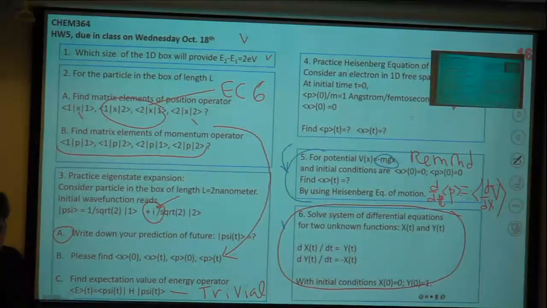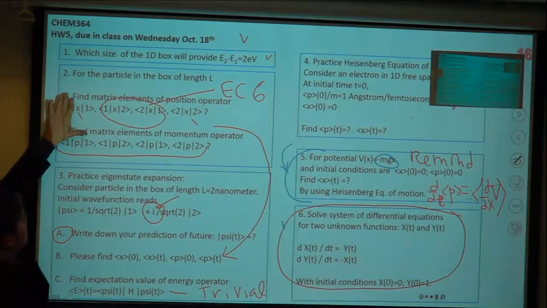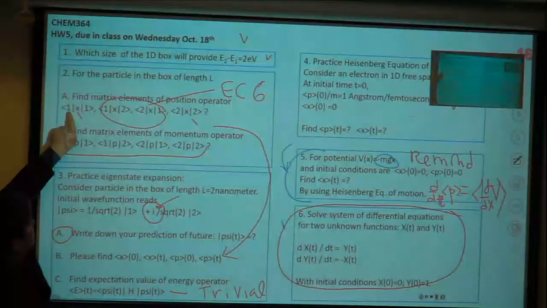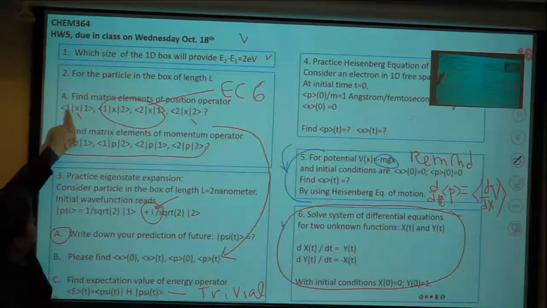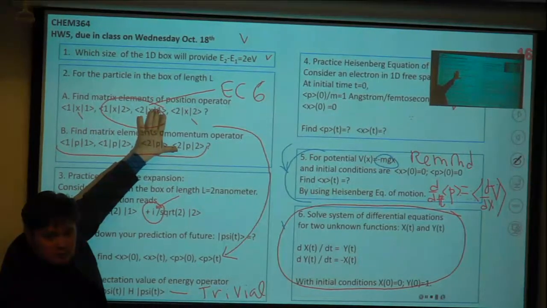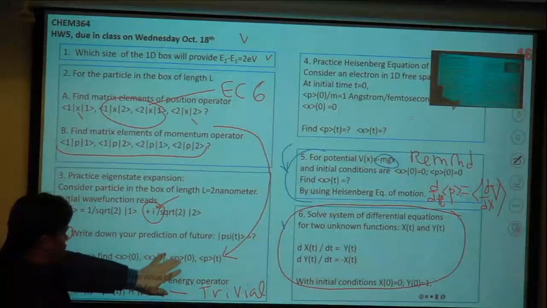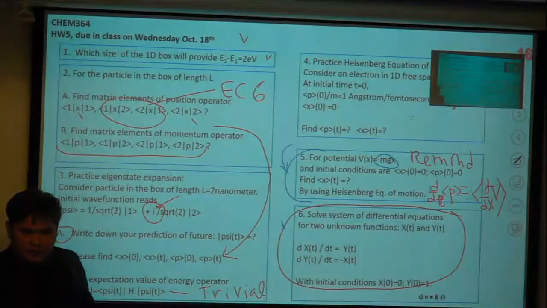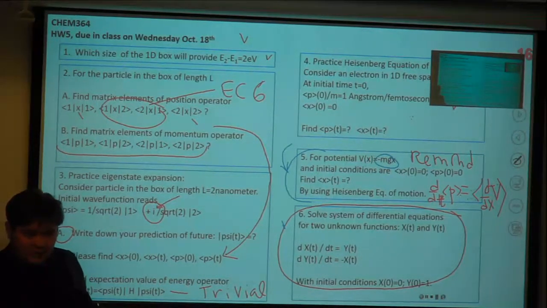But as a hint to avoid boring integration, there is a suggestion to do this one first and find these matrix elements, the convolution between the operator of interest and basis functions, ahead of time. Then you use them here when you practice your prediction of the future and finding observables as a function of time.